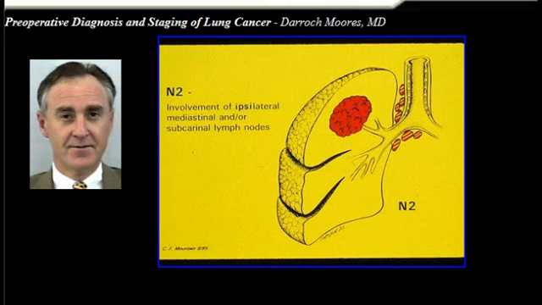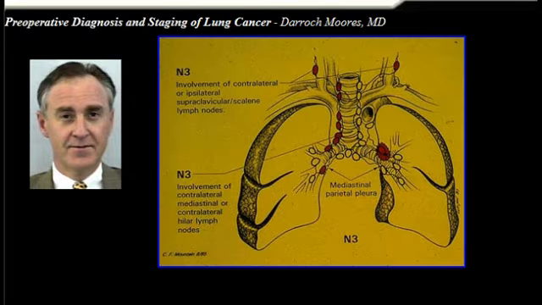These lymph nodes are outside the visceral pleural envelope in the mediastinum, and they should be biopsied at mediastinoscopy. N3 lymph nodes are those in the contralateral hilum, including those in the scalene region. Contralateral mediastinal, contralateral hilar, or scalene nodes are N3, and patients with N3 nodes, for all intents and purposes, are not surgically resectable.